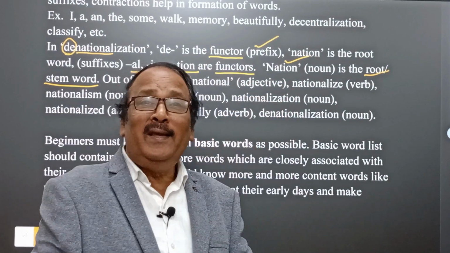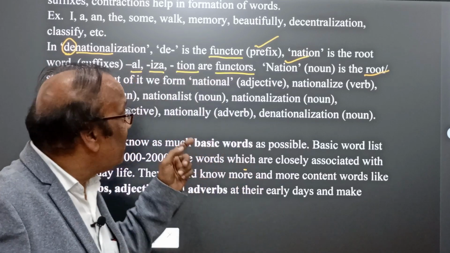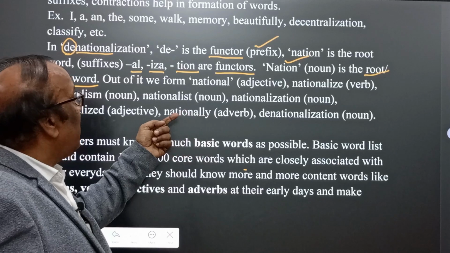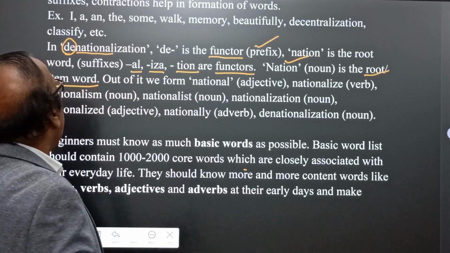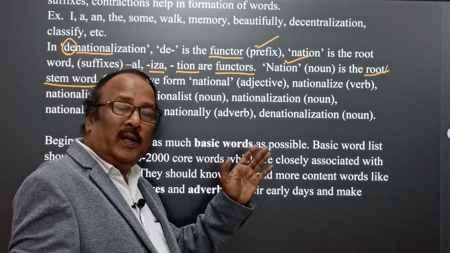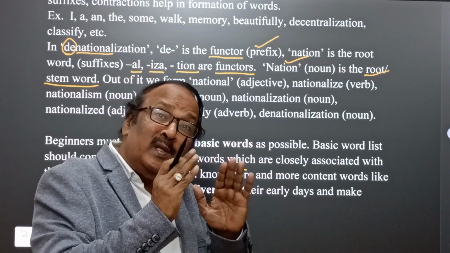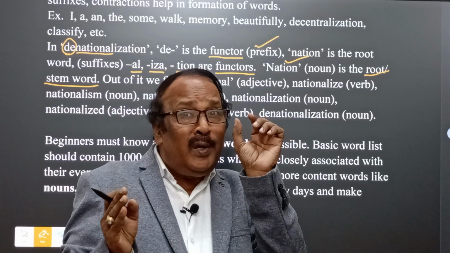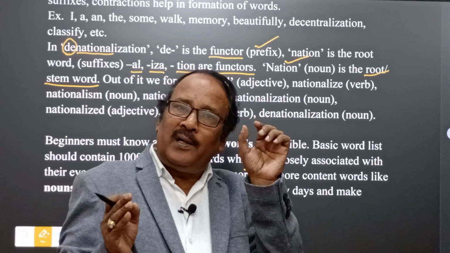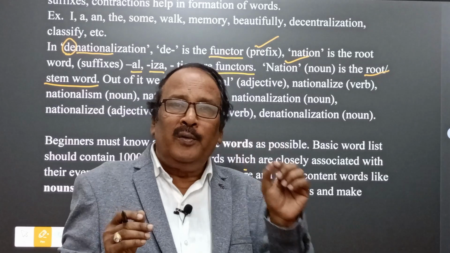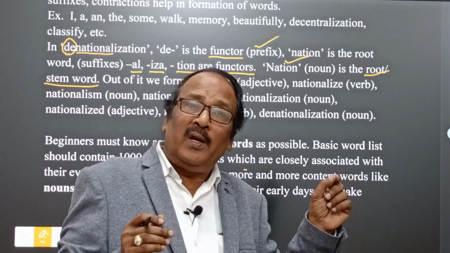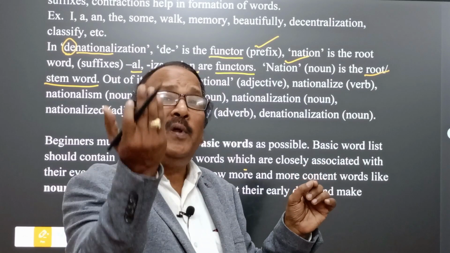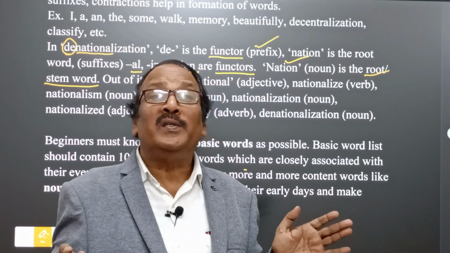Nation is the root word, and D is the functor, it is a prefix. Whenever we use any letter or letters just before the root word, this is what we call a prefix. And whenever it is used after the word, then it is called a suffix.